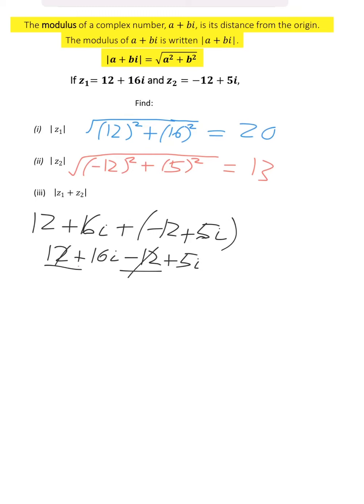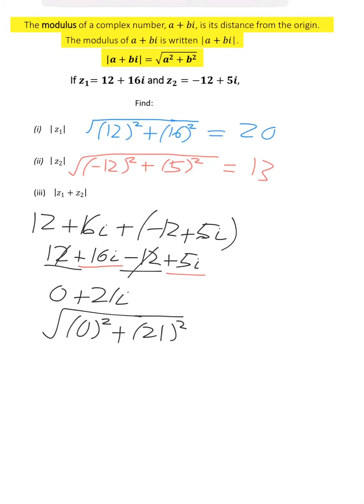So now I'm just left with 16i plus 5i, and that will be 21i. Now finding the modulus of this, 0 squared is 0, then 21 squared, that's just going to get me 21.